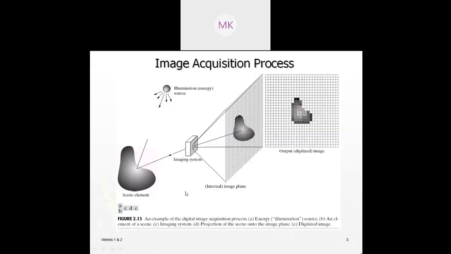Now consider the image acquisition process. When the image is acquired, it can be represented in a visual representation or in matrix form. From the scene element, it is given to the imaging system.